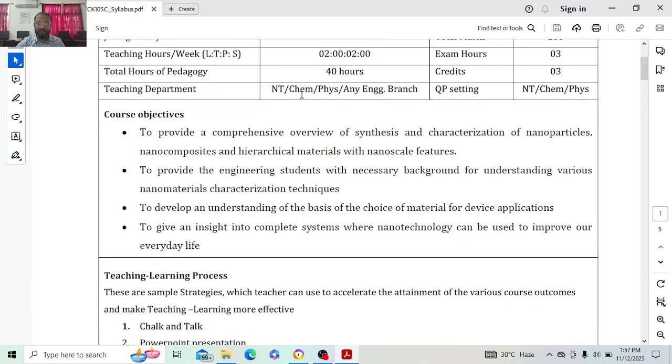Since nanotechnology is not completely a new technology, it is just about the scale of what you study in physics, chemistry and other engineering materials aspects. But when any material size goes below 200 or 100 nanometer, the properties change.